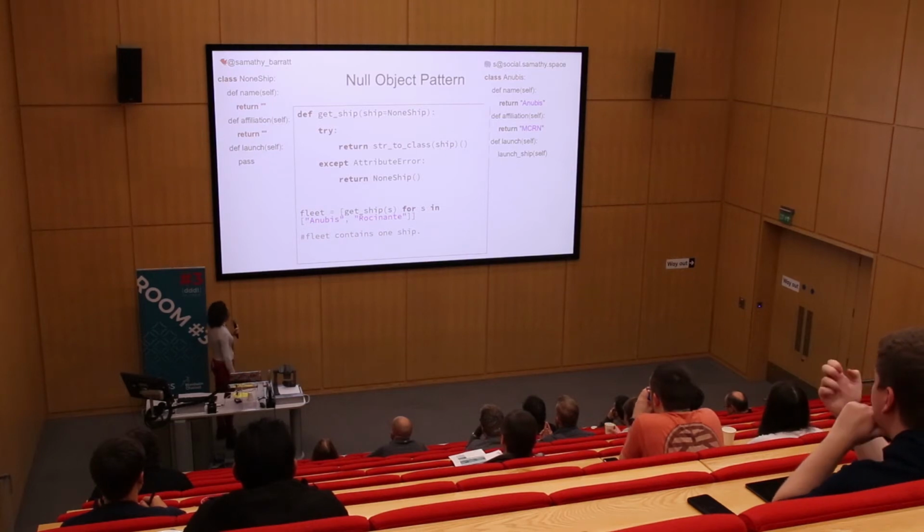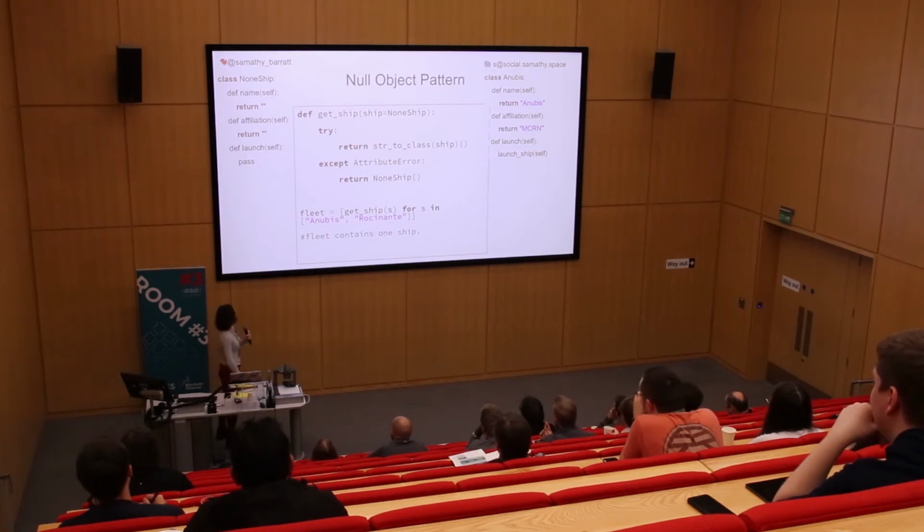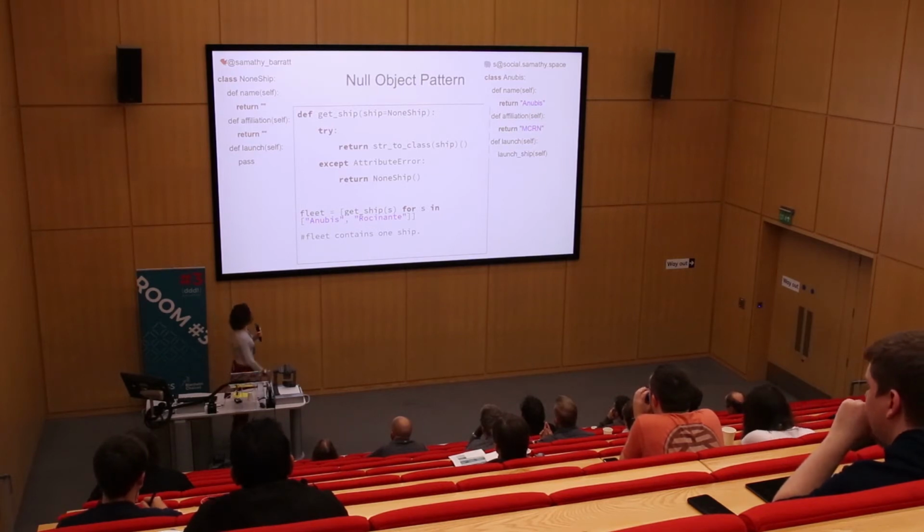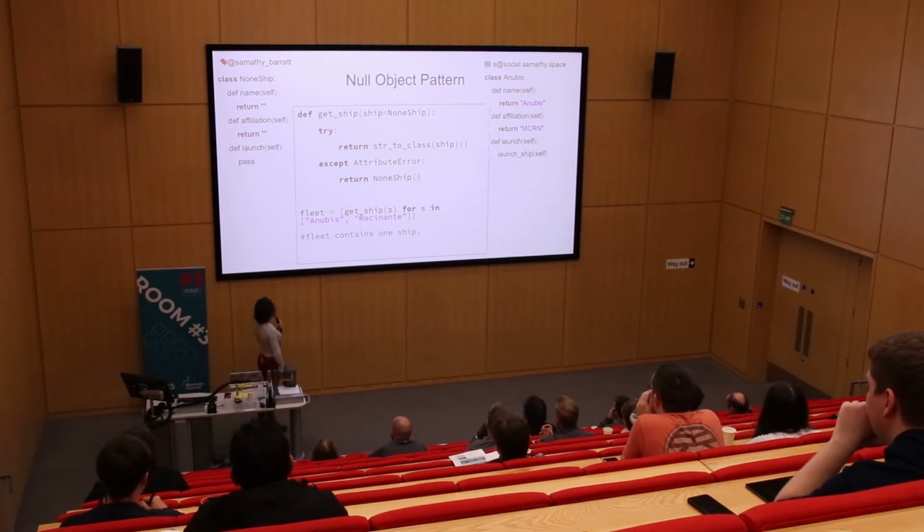And then in the middle here, we have a function which gets a ship and returns a new object of that type. So you pass it in a string, and it will return the object of the type that string is. There's a bit of things going on in Python to convert strings into class names that I haven't put on the slide, but hopefully it makes a bit of sense.